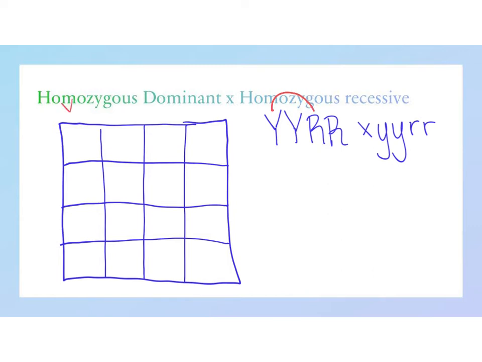So the first Y combines with the first R to get capital Y, capital R. Then this same Y combines with the second R, so capital Y, capital R. Then my second Y combines with the first R, still capital Y, capital R. And my second Y combines with the second R, so capital Y, capital R.